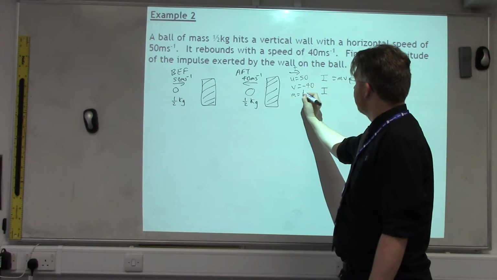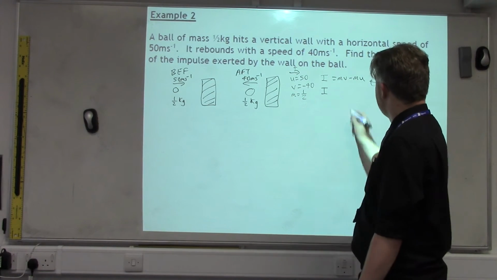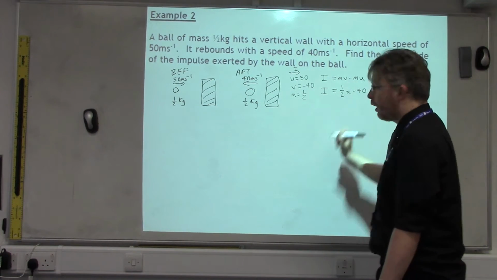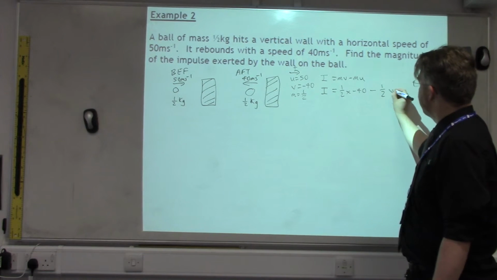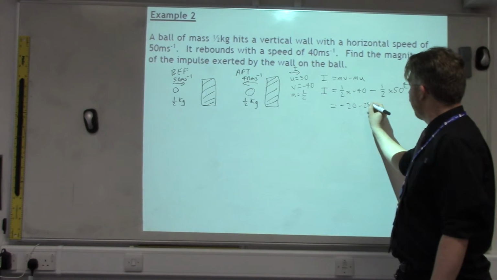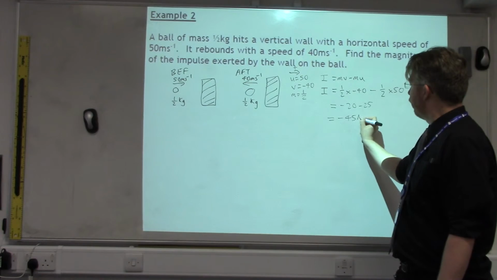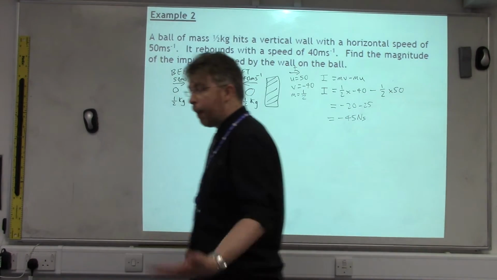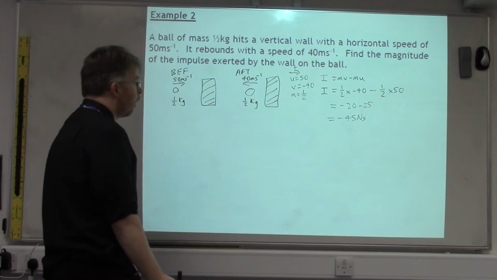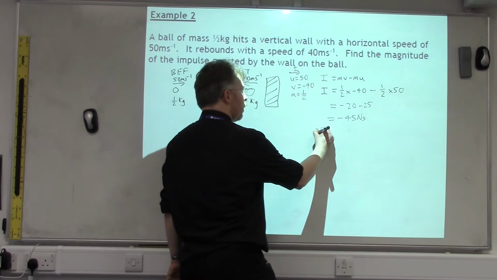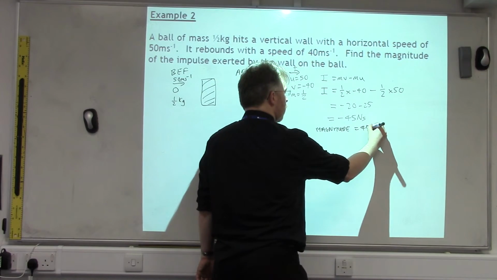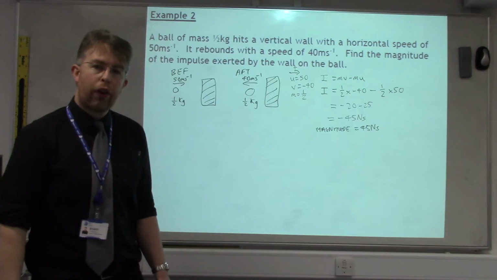The mass is a half regardless, so we get half times minus 40, take away a half times 50, so minus 20 minus 25 gives minus 45 newton seconds. The minus just indicates direction, so the impulse is acting to the left. We want the magnitude of impulse, so in that instance, we ignore the negative sign.